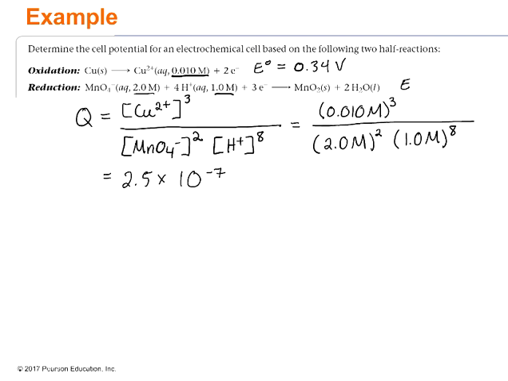And then E for the reduction half reaction is 1.68 volts. Okay, so we can solve for the cell potential under standard conditions. Remember, this is E cathode minus E anode.